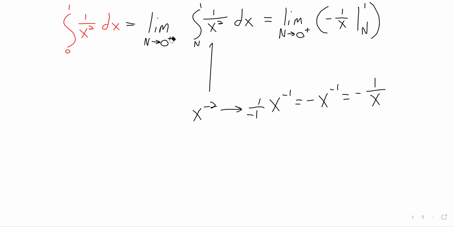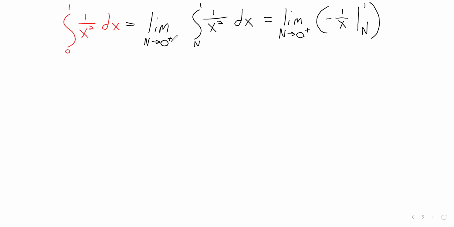And now I'm going to delete that so that I have some room to write. So because n is approaching 0, but n doesn't equal 0, we can divide by n.